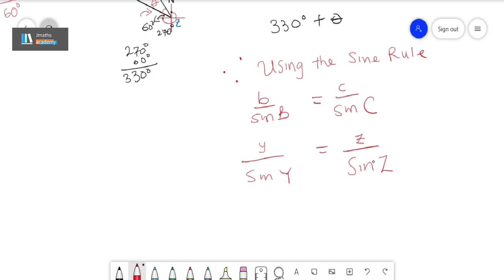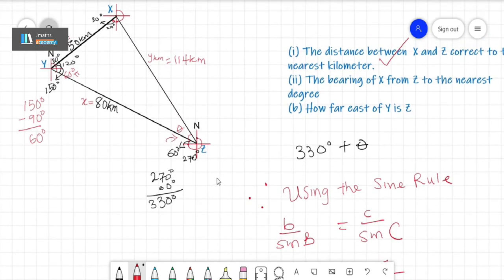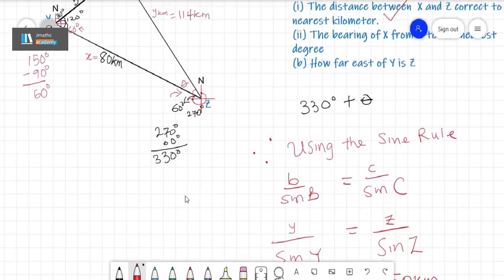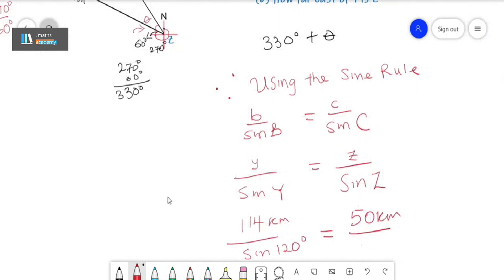So we found our y in the previous question to be 114 kilometer over sine. We know our big Y to be 120 degrees is equal to our z from our question is 50 kilometers. So we have here to be 50 kilometers over our sine z is theta.